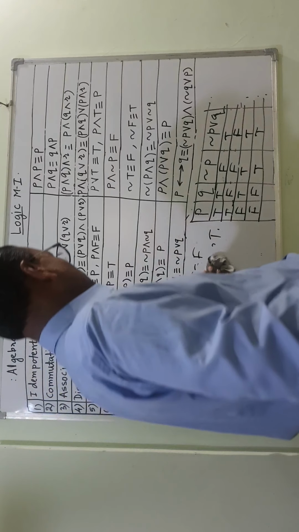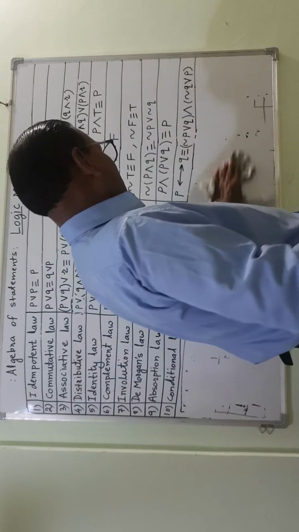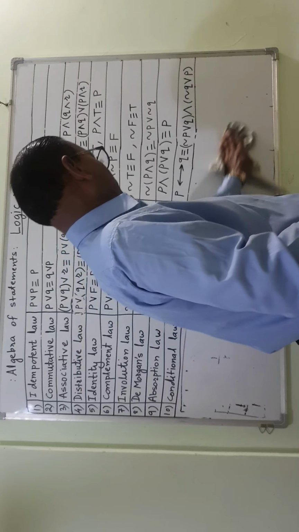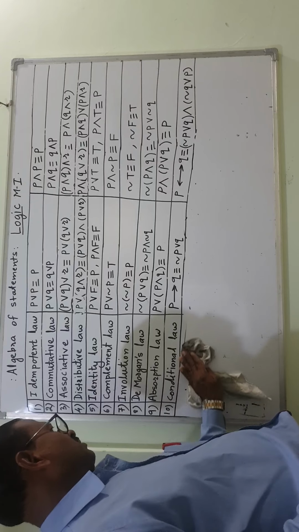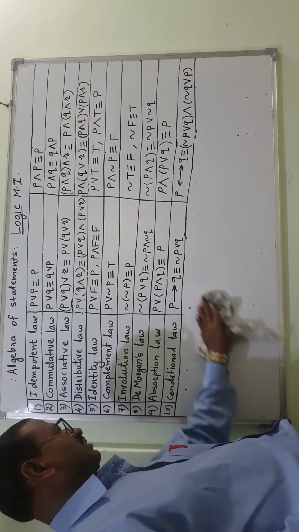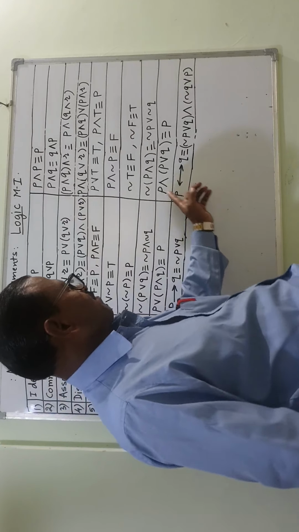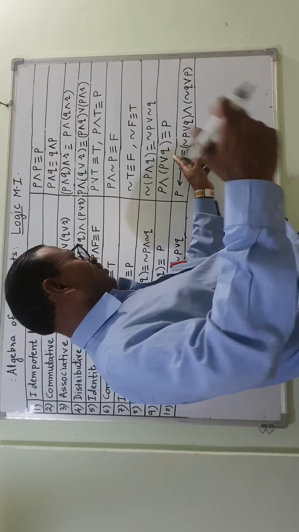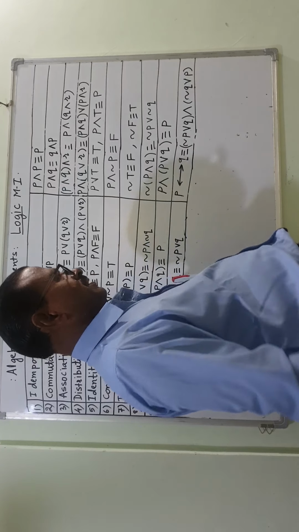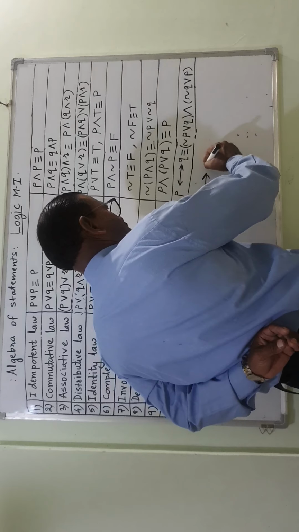Now double implication, what is for that? This is the conditional law. Implications are called as the conditions. This is single implication, that is double implication. The meaning of this is P implies Q and Q implies P. That is the meaning of it.